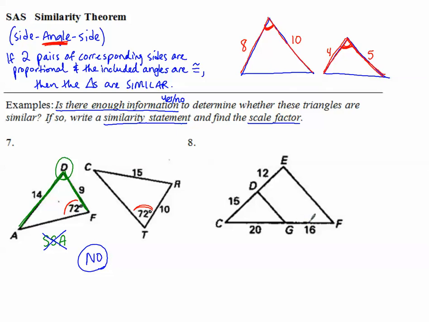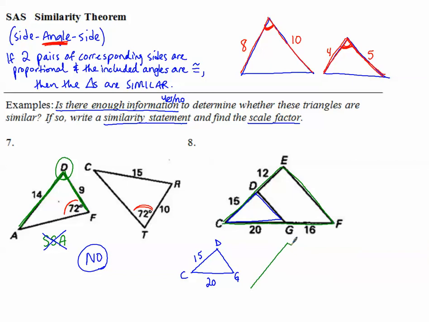Second picture, it's kind of hard to tell that we have two triangles. So maybe I draw them separately. This little guy right here, I'm going to draw him away from the picture where I mark everything as marked in the picture, CDG, where CD is 15 and CG is 20. And then we've got the larger of the two triangles.